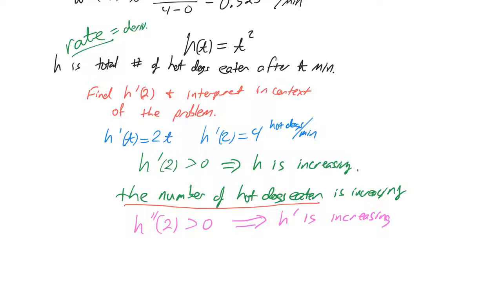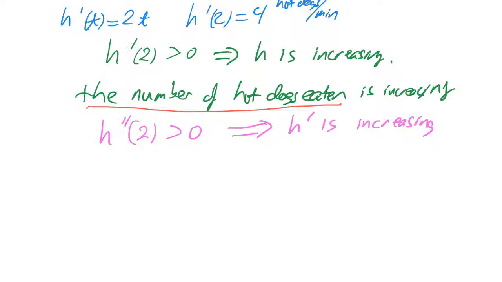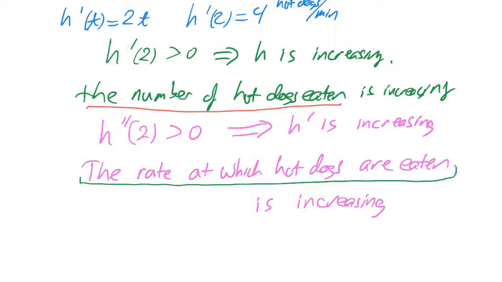And so we can say, really very simply, the rate at which hot dogs are eaten is increasing. Where this right here is a verbal description of h prime, the rate at which hot dogs are eaten.